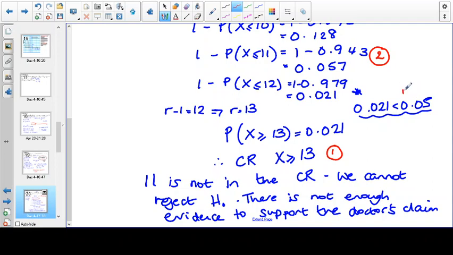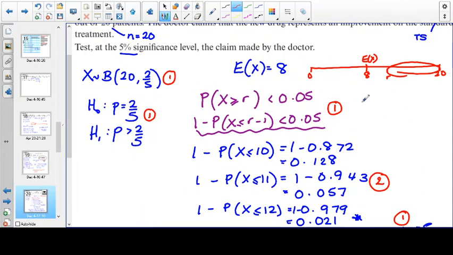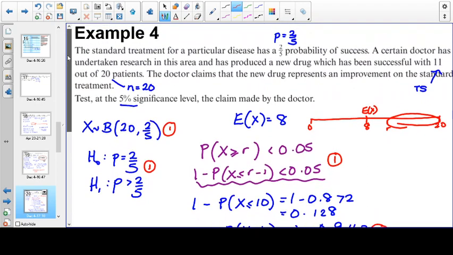I verbalised it, but you need to write your comparison, so you are clearly showing that you know your value has to go below the significance level. 1 for concluding what the critical region is, and then there'll be 2 for this: 1 for saying something about rejection of the null hypothesis, and then 1 for saying something in the context about the doctor. So 1, 2, 3, 4, 5, 6, 7, 8, 9 possible marks there. That's what you're going to get, really.